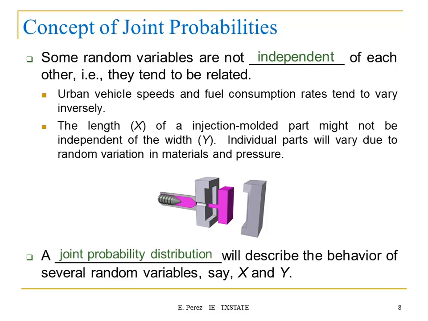So a joint probability distribution will describe the behavior of several random variables. In this example, the random variable x is the length and the random variable y is the width. So this joint probability distribution will describe the behavior of these two random variables together, which are not independent. Okay?